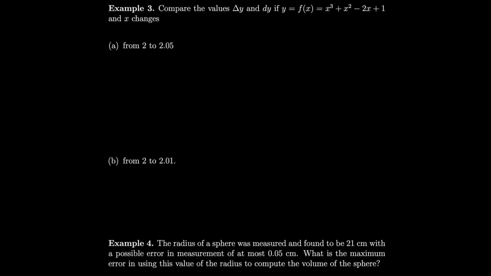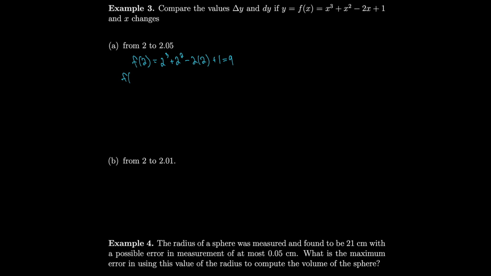Let's compare the values of delta y and dy if y equals f of x equals x cubed plus x squared minus 2x plus 1, and x changes from 2 to 2.05. So we need to look at what f of 2 is. Well, that's 2 cubed plus 2 squared minus 2 times 2 plus 1, so it's 9.